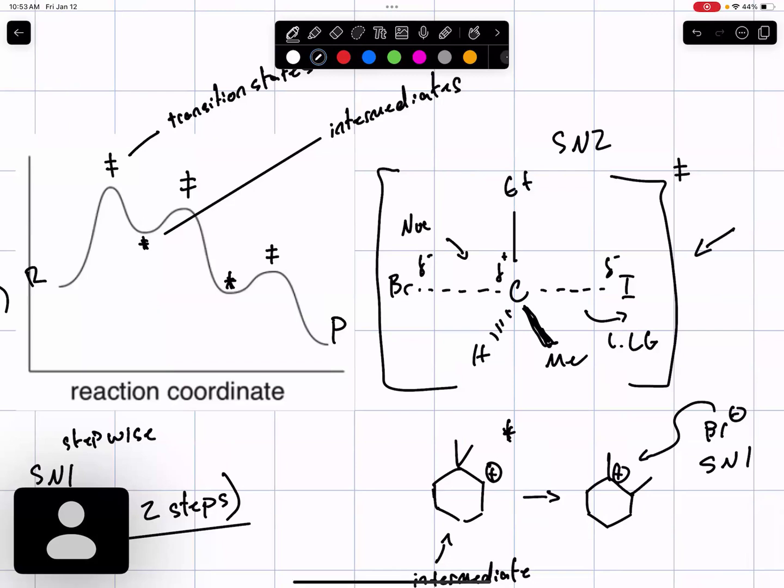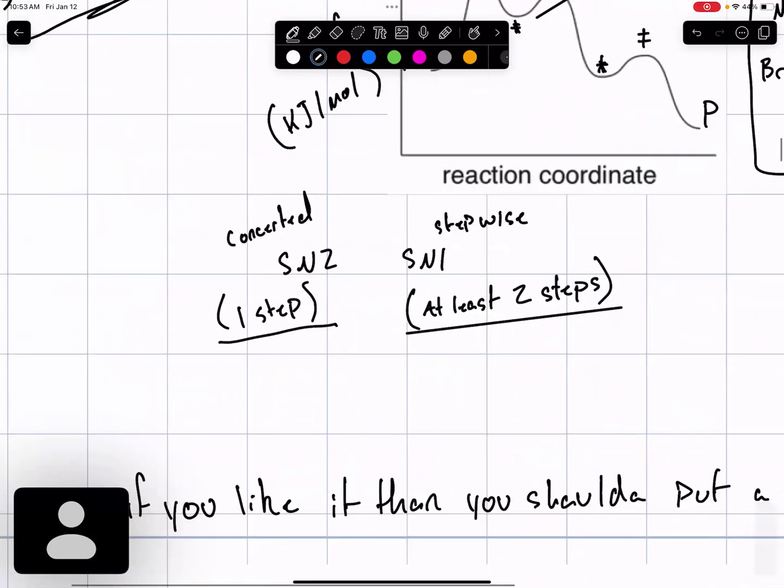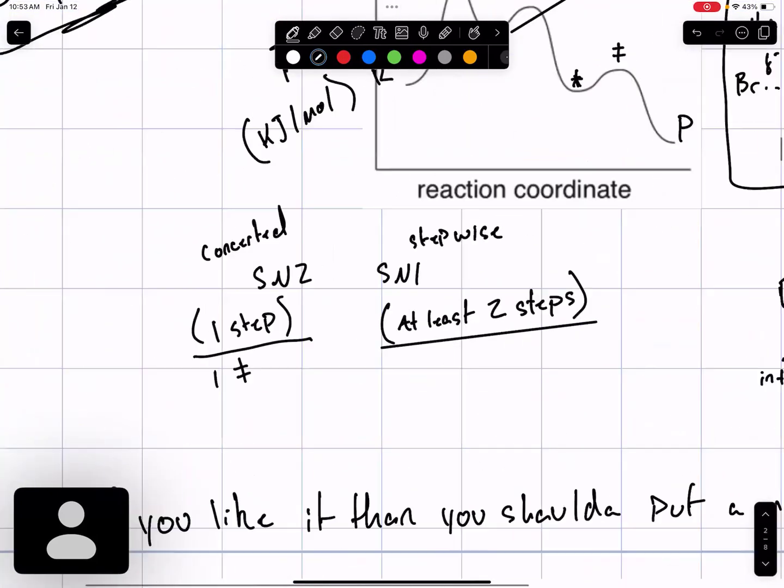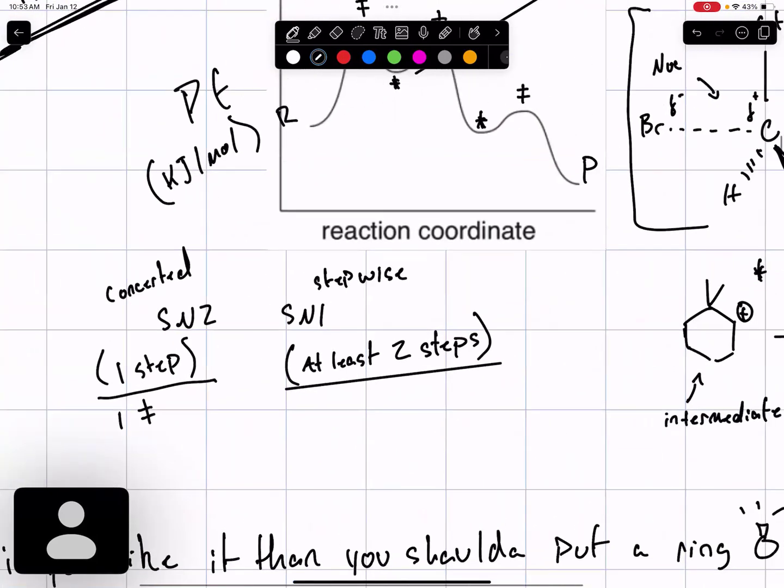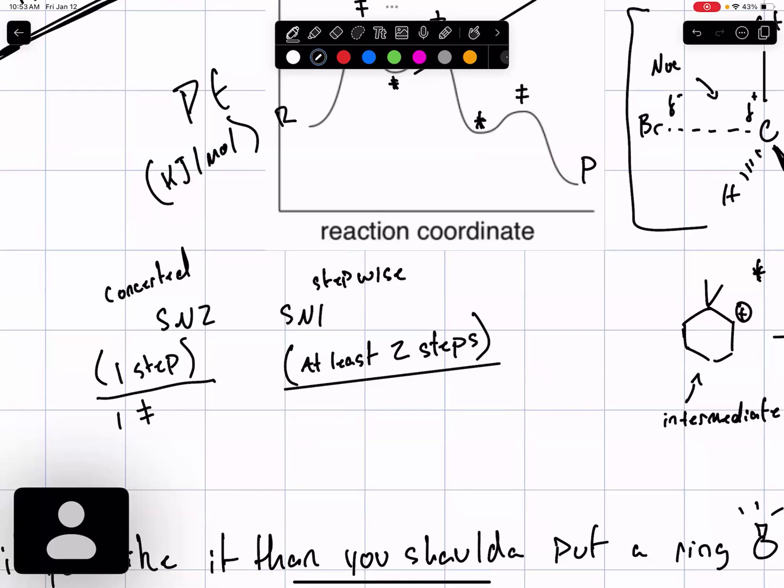Look here. Okay, so it's just one transition state, and there wouldn't be an intermediate. This wouldn't be considered an intermediate. So this would be just one transition state. And how about in stepwise? Well, with that logic, we know that there's at least 2 transition states and 1 intermediate.